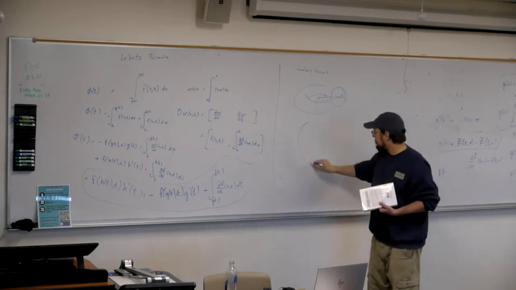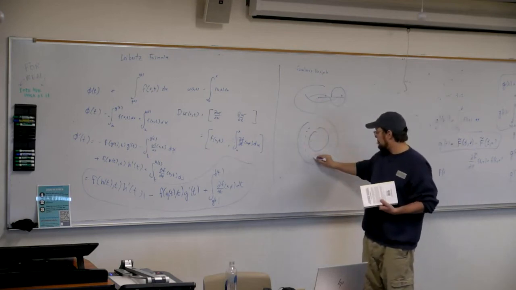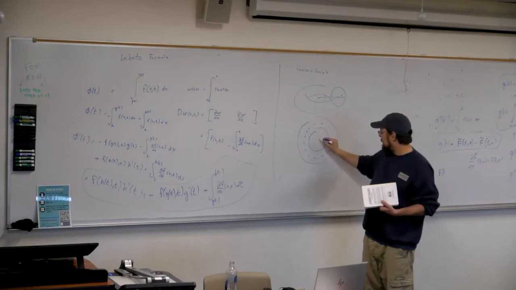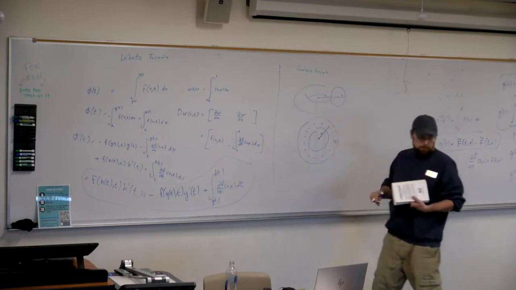So a is the big radius and b is the small radius of the cross section.